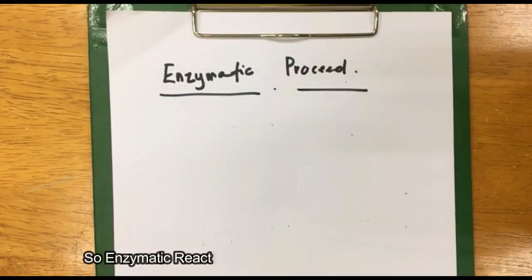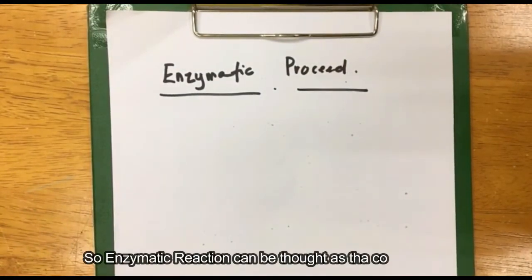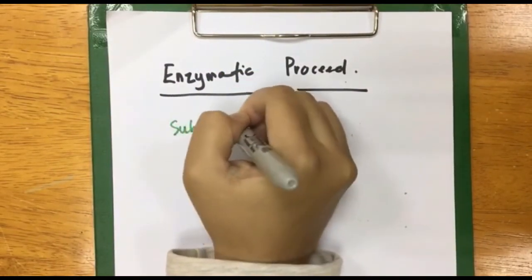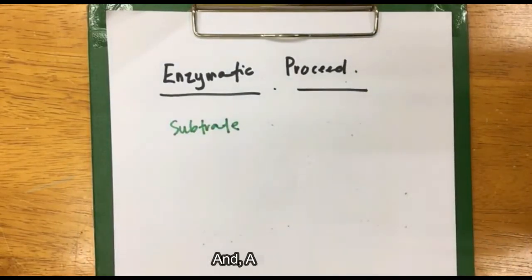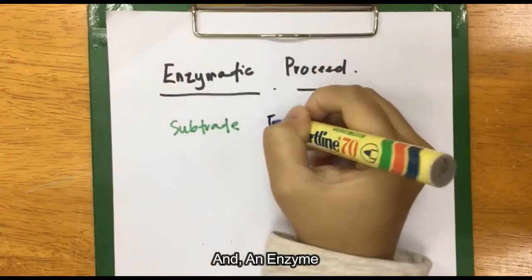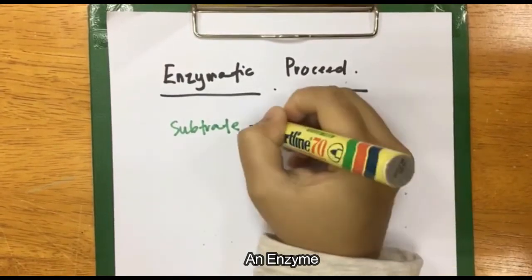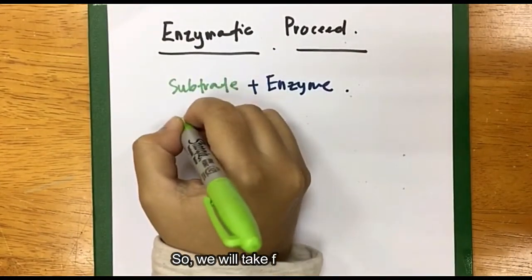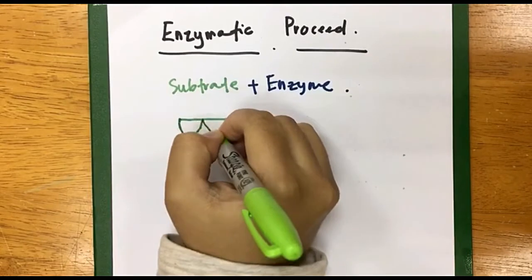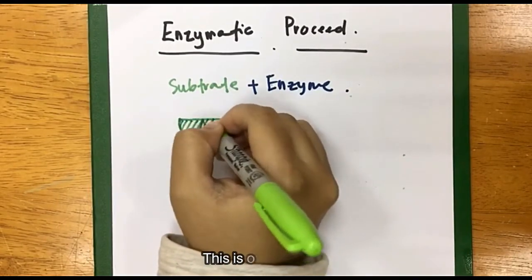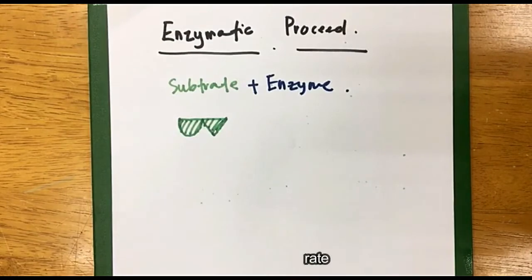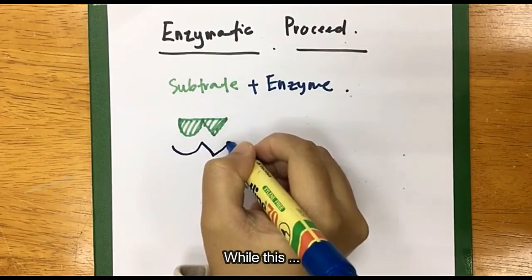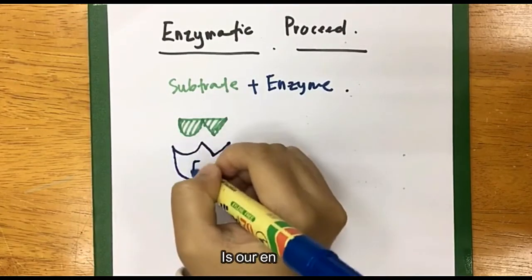So an enzymatic reaction can be thought of as the combination of a substrate and an enzyme. So we'll take, for example, this is our substrate, while this is our enzyme.